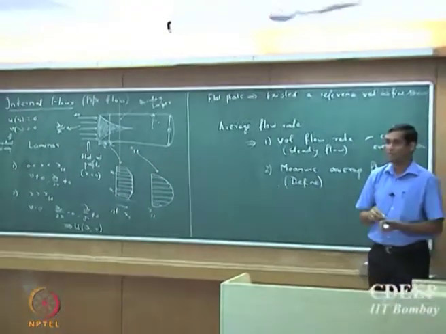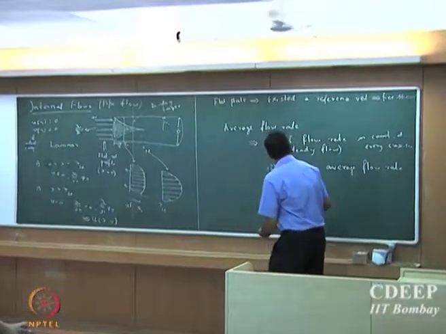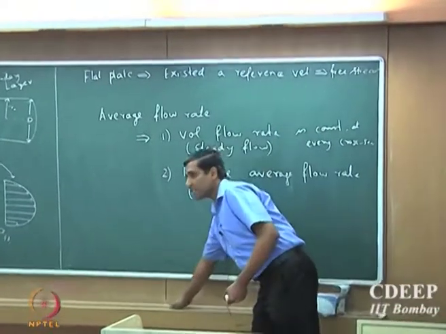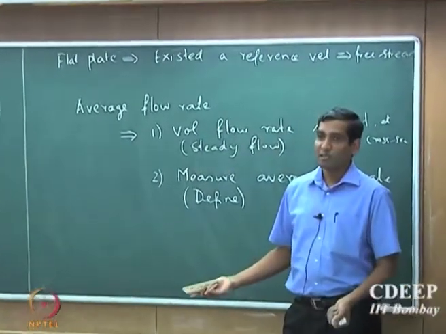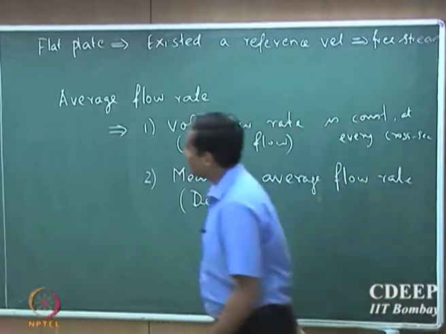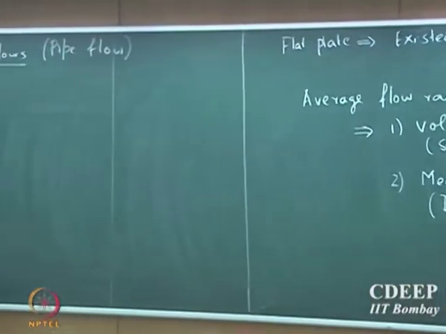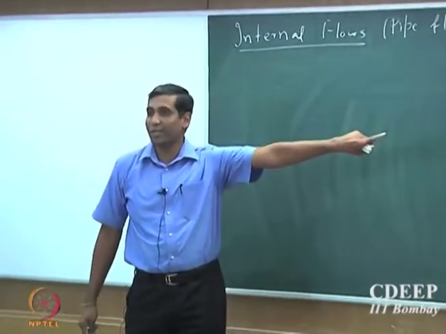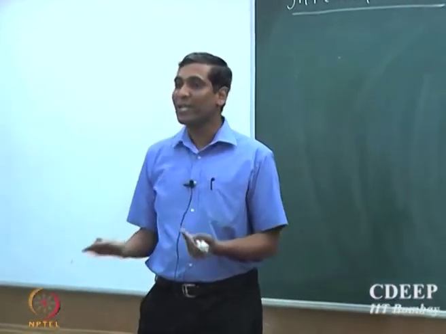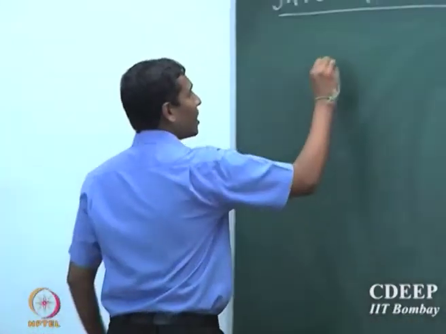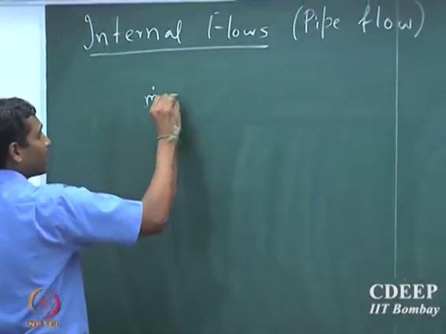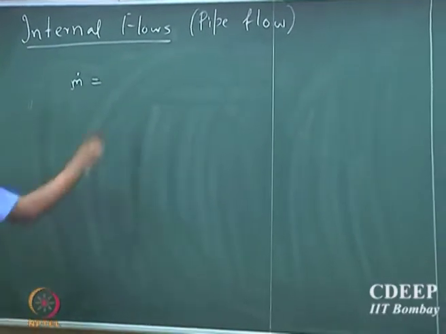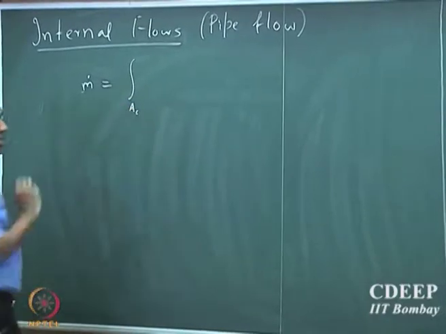Any other questions? Okay. So now we need to define this average velocity, and we have to use that as a scaling parameter for all the modeling equations that we are going to write. In order to define the average flow rate, we are going to use the first observation that the flow rate is a conserved property. So we can define m dot, the mass flow rate at any cross section, as the density times the local velocity times dA_s, integrated over the whole area.